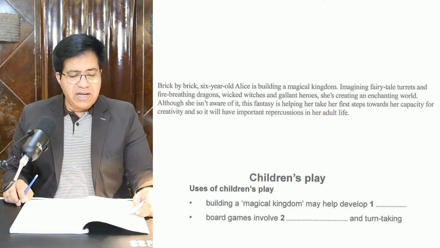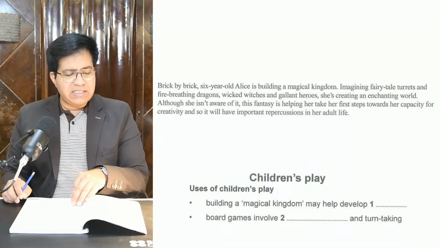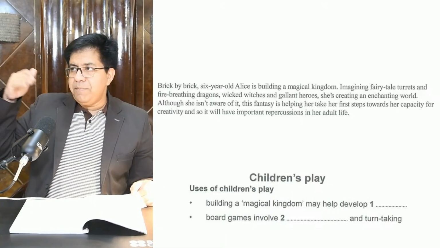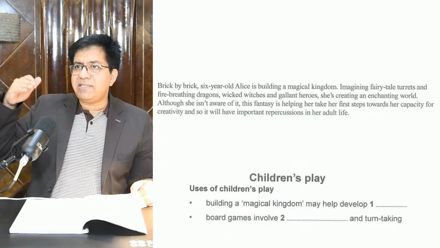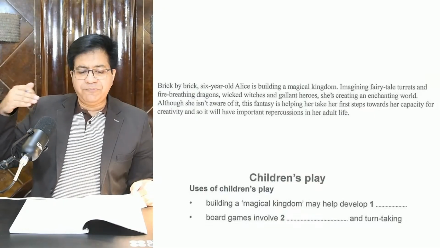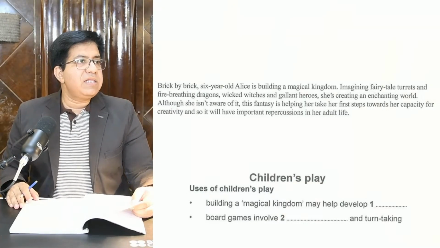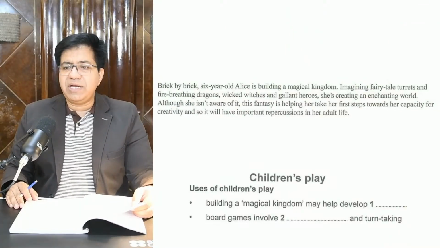Capacity for creativity. What is the answer? For may help develop, they use the words capacity for. So capacity for creativity, may help develop creativity. Correct answer for question number 1 is creativity.